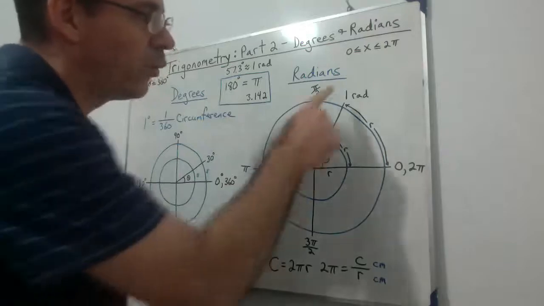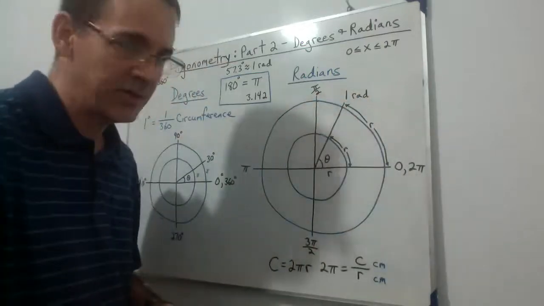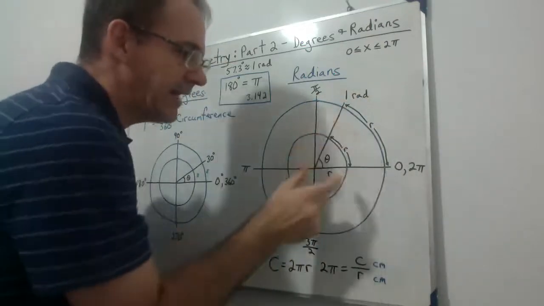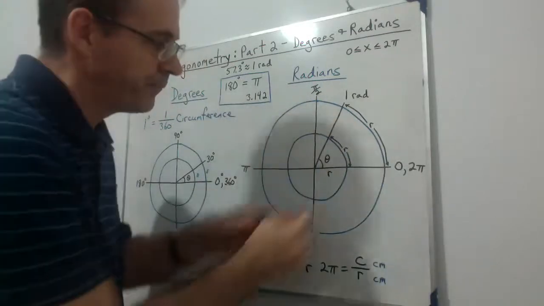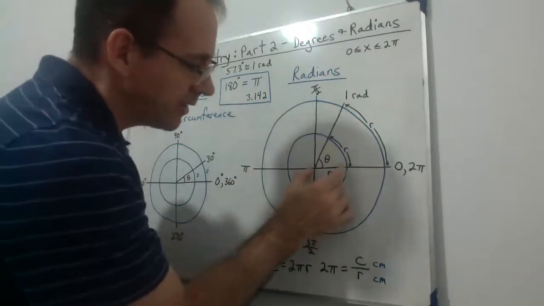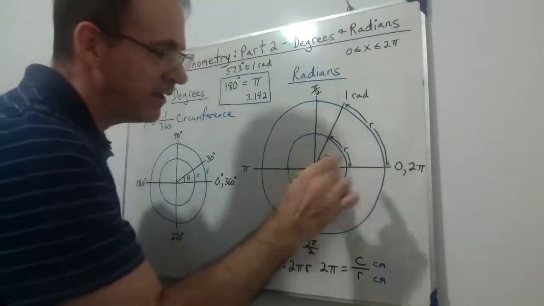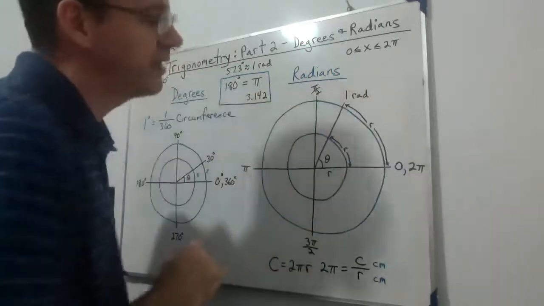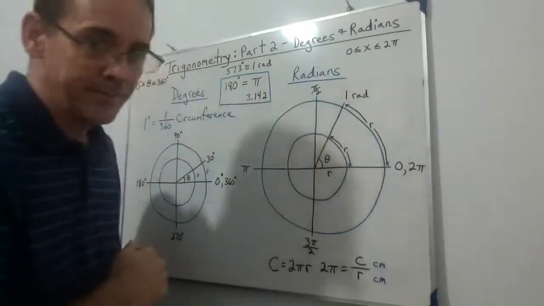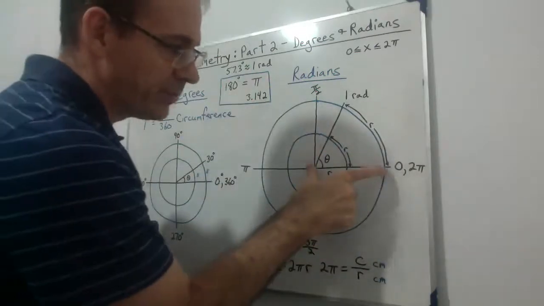So really, 1 radian is one length of the radius along the circumference. Here's the smaller circle, the radius is this long, and if you take that length and put it on your circumference, you end up right there. Here's a bigger circle with a bigger radius.